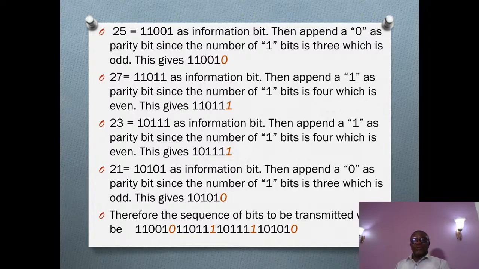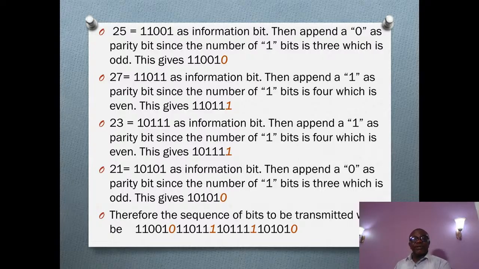So when we do 27, we also get 11011. Just convert 27 in decimal to binary. Straightforward thing to do. When you do that, you see that the number of 1 bits will be 4.